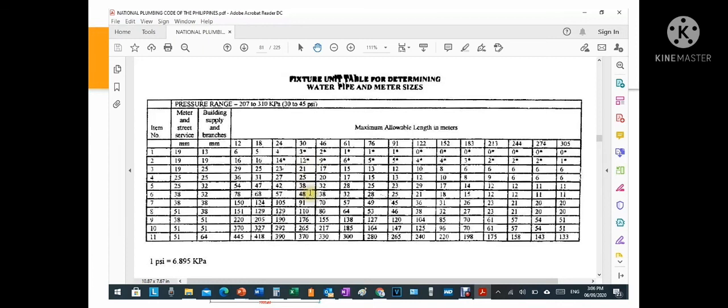But since the fixture unit that we computed is 85, we choose 91 instead. So therefore we project to this column here. So for 91, we have 38 millimeter for street service pipe and 38 millimeter for building supply and branches. Okay, so these are the pipe sizes for our street service pipe and the building supply and branches.